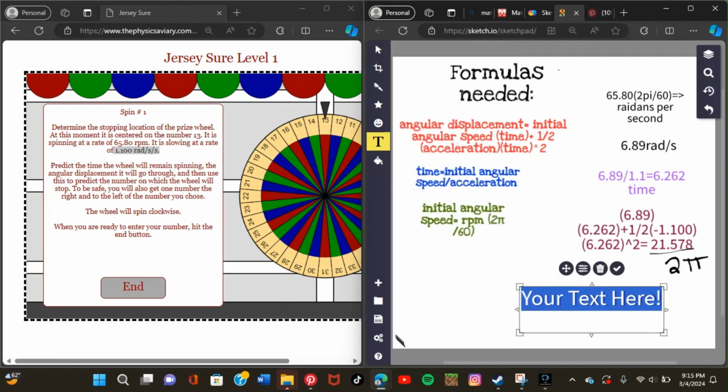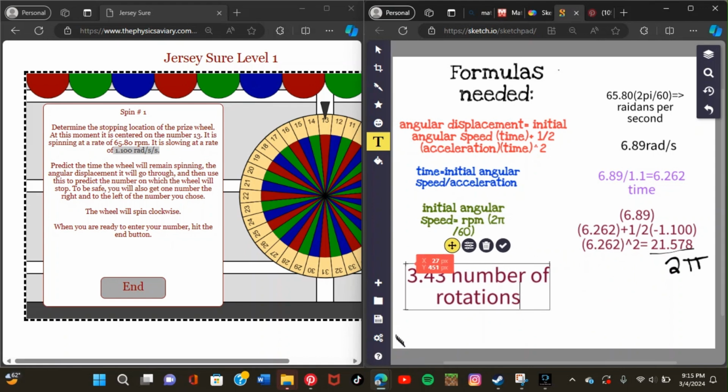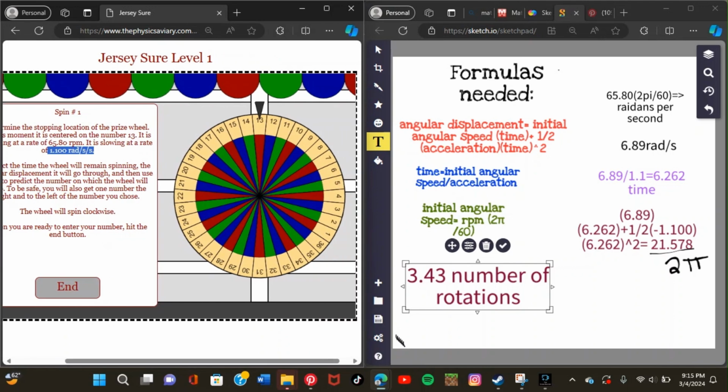And that means 3.43 is the number of rotations that happened after our initial number, which is 13. So it's gonna do a rotation 3.43 more times.